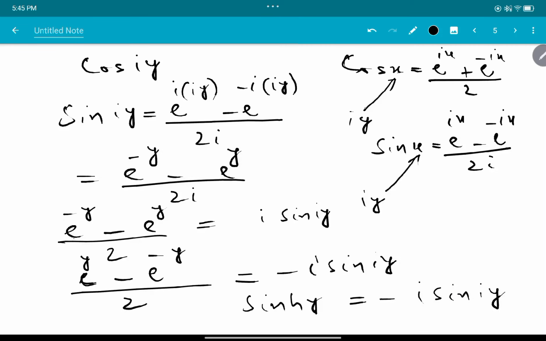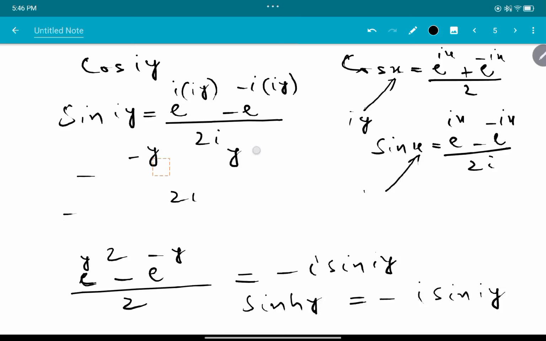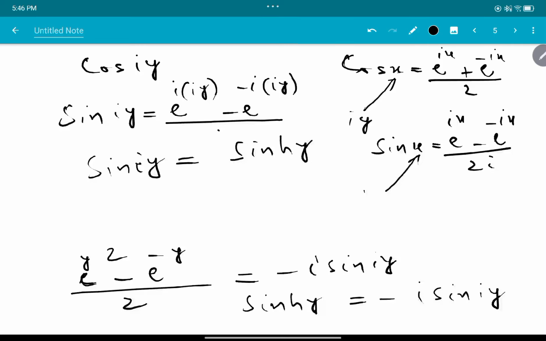Now this formula I will be using along with those. I have minus i sine iy, or in terms of sine iy, minus i is to be transposed to this side, and in that case I will have the final formula like this: sine iy is equal to hyperbolic sine y divided by minus i.